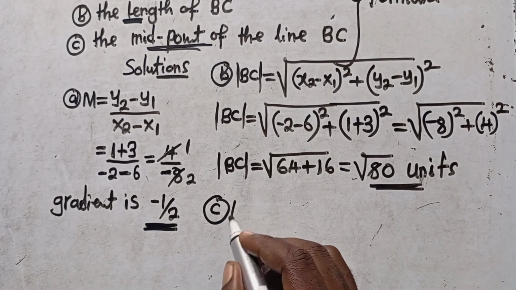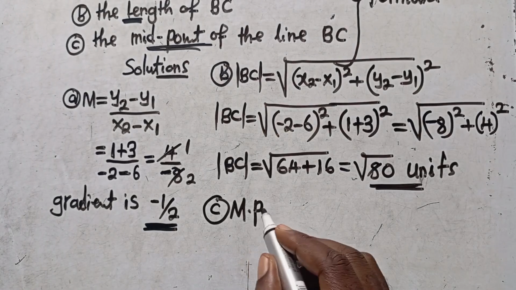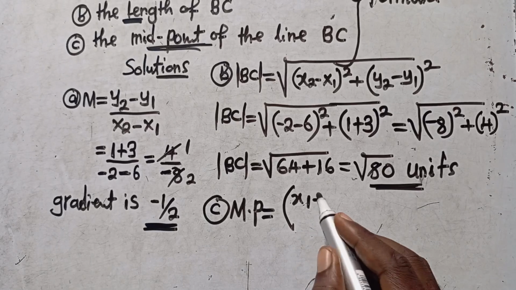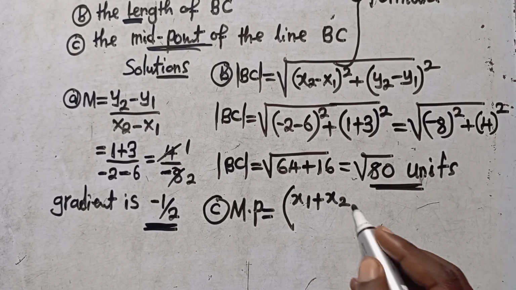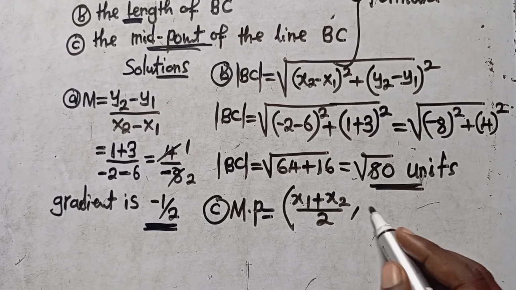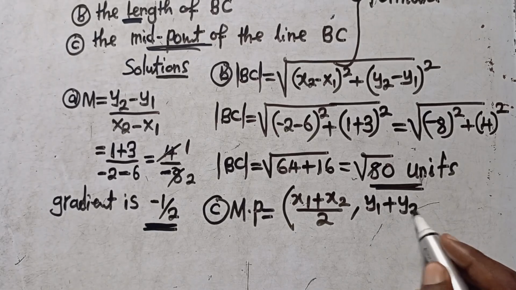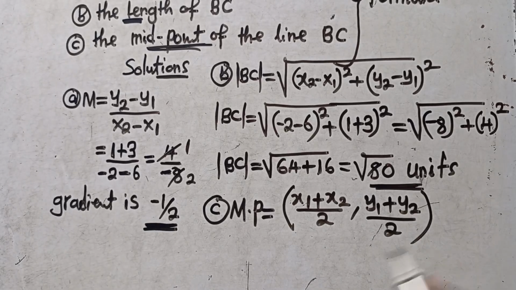So how can you find the midpoint of the line BC? The formula is x1 plus x2 over 2, then y1 plus y2 over 2.